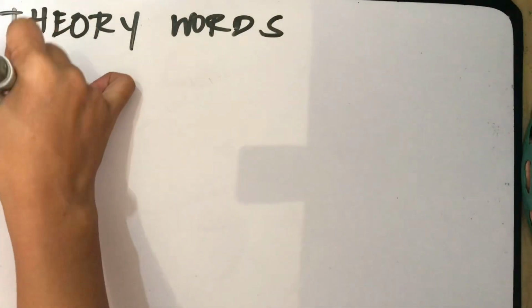So let's move on to lesson 45. In lesson 45, we also have theory words, brief forms, and phrases.